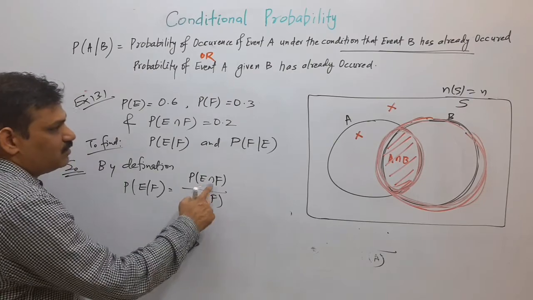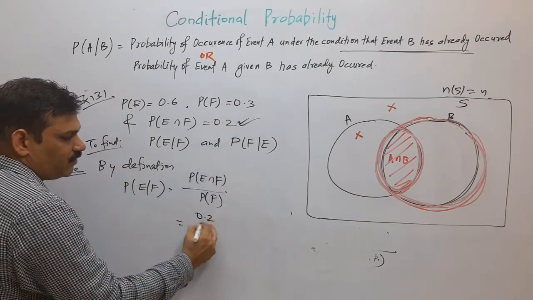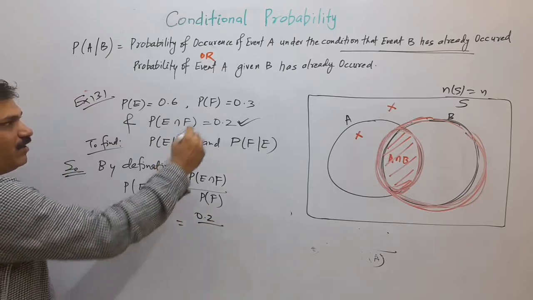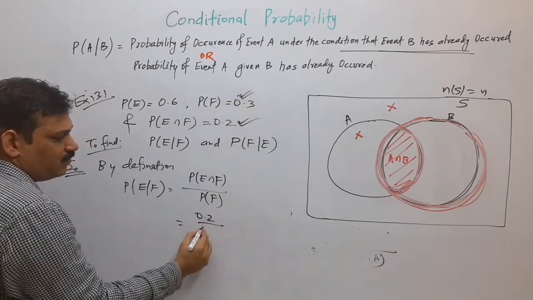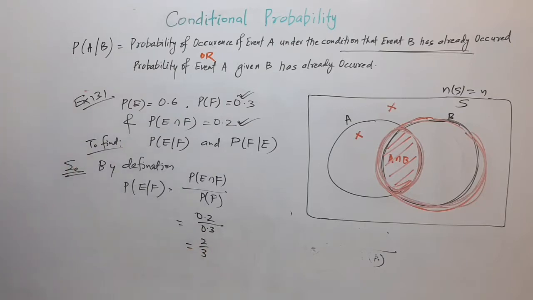So this is the probability of E intersection F, which is 0.2, divided by the probability of F, which is 0.3. So obviously this will be 2 by 3.